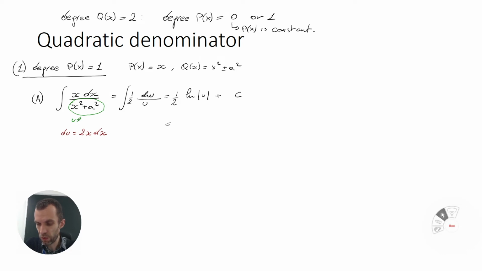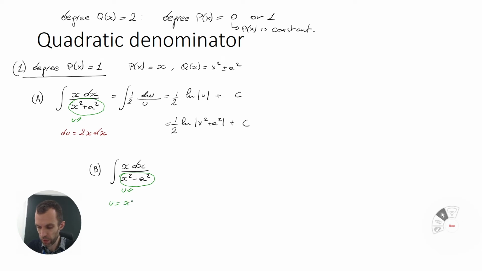And then knowing that u is x squared plus a squared, we can back substitute and get 1/2 ln of x squared plus a squared plus the constant. So here, small detail, x squared plus a squared is always positive, so the absolute value signs are not necessary, but we leave them here just to make things uniform with the next case, which is what do you do if you have x dx divided by x squared minus a squared. So the principle is the same. We're going to substitute that by u.